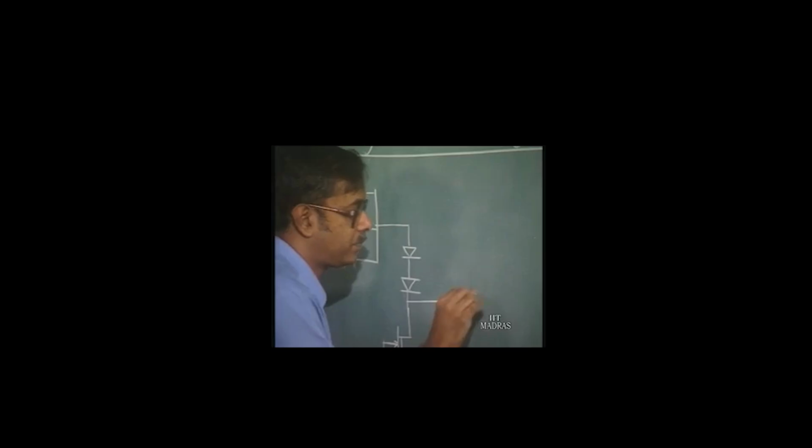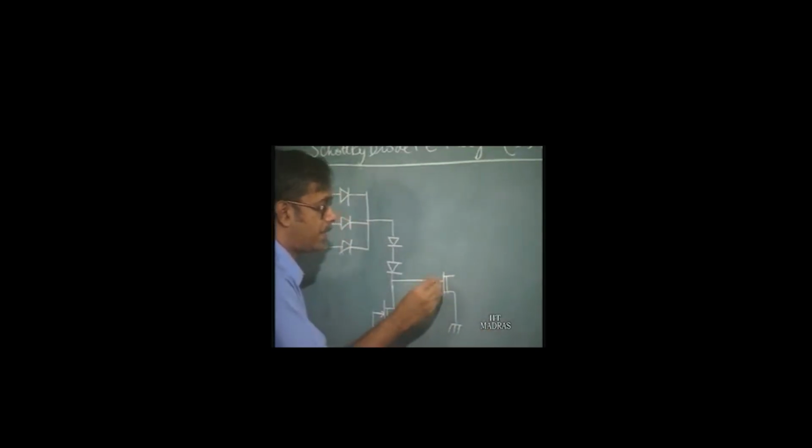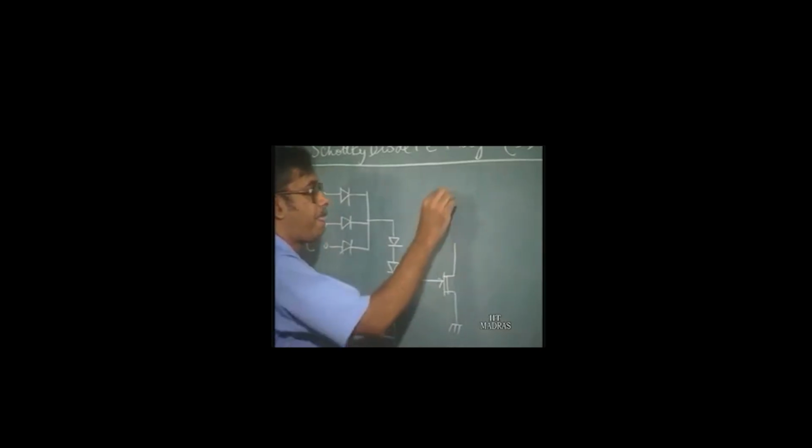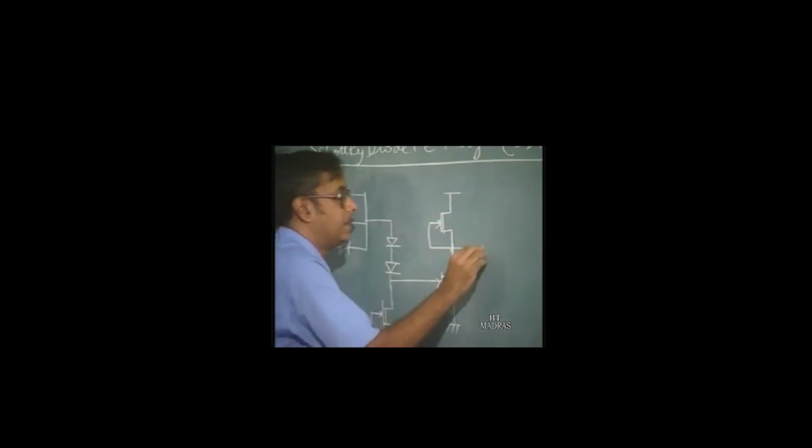This is then followed by an inverter, because we require a NOR or a NAND as a universal logic gate. So, this is the inverter.